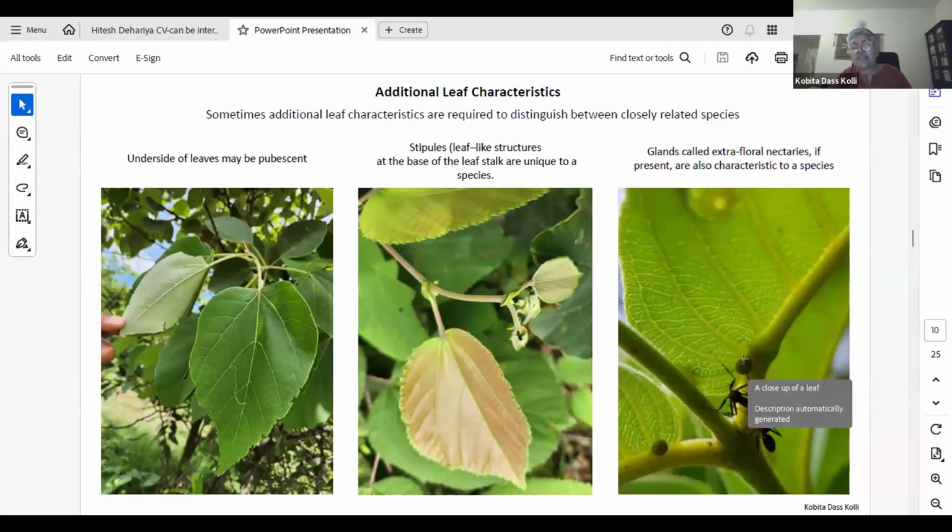And sometimes it's difficult. You can get this confused with Terminalia crenulata or other Terminalias. Therefore, sometimes just look for these. If you have the time, look for a few characteristics around the leaf stalks and take pictures of those as well. Okay, next slide, please.